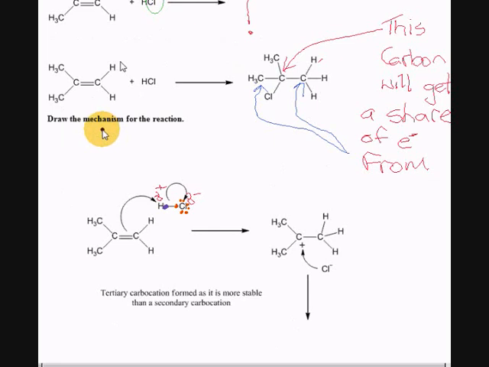So to the mechanism then for the reaction. Here's our alkene, longest chain being 3 carbons with the double bond, so it's an alkene: methane, ethane, propane, so it's a propene with a methyl group.